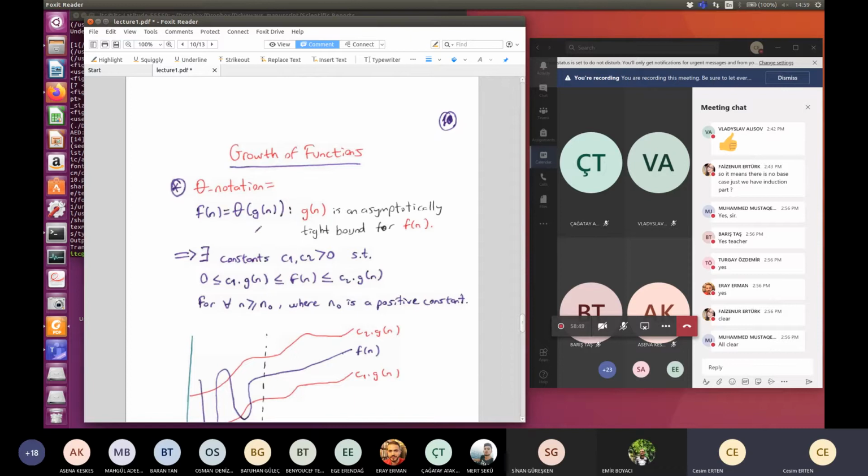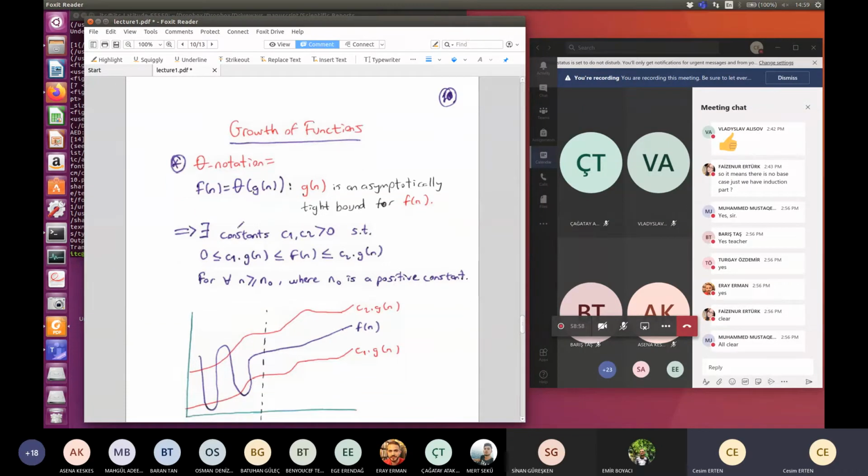As part of asymptotic notation, we will mainly have three common notations: theta notation, big O notation, and big omega notation. Let's start with the first one, theta notation.